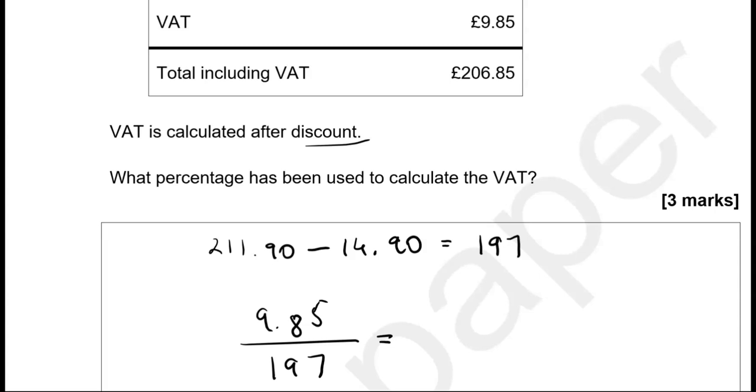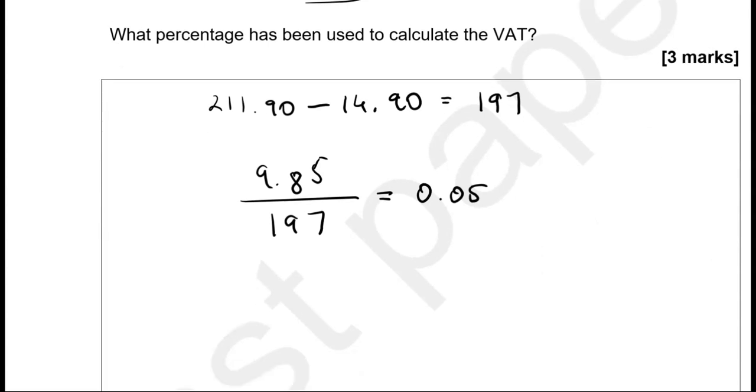So we'll do that in the calculator. 9.85 divided by 197 gives us 0.05, which is 5%.